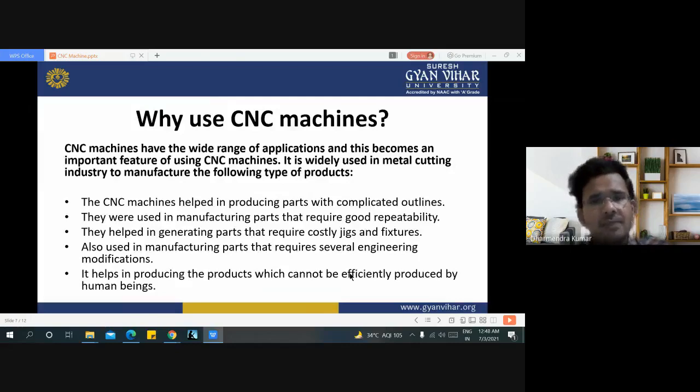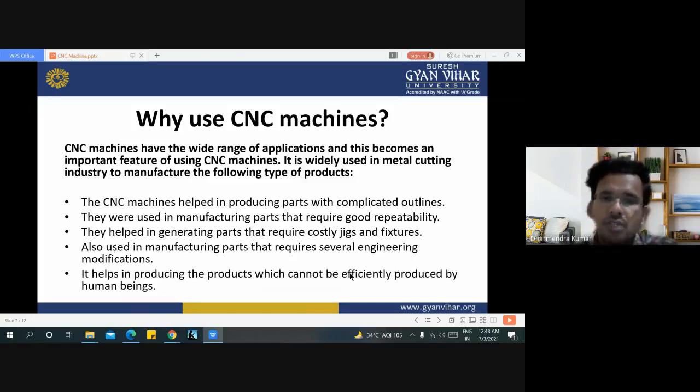CNC machines have a wide range of applications, and this is an important feature of using them. It is widely used in the metal cutting industry to manufacture the following types of products. CNC machines helped in producing parts with complicated outlines.